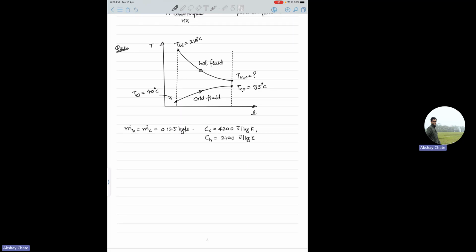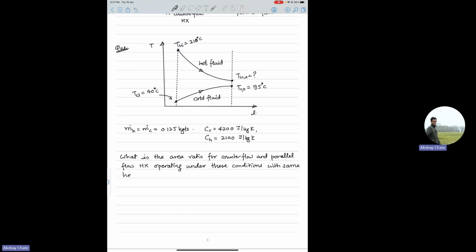And it is asked: what is the area ratio for counter flow and parallel flow heat exchanger operating under these conditions with same heat transfer rate.